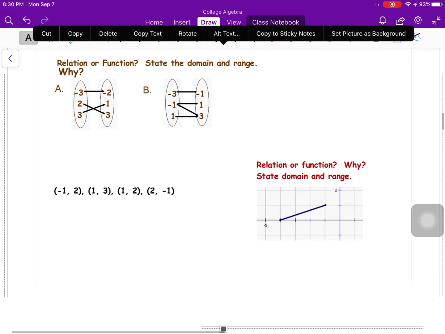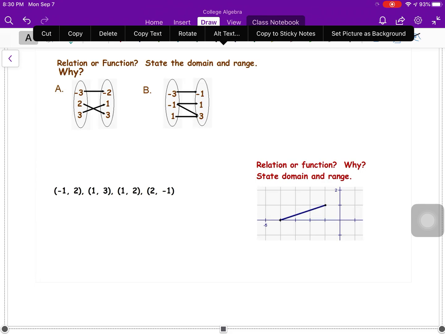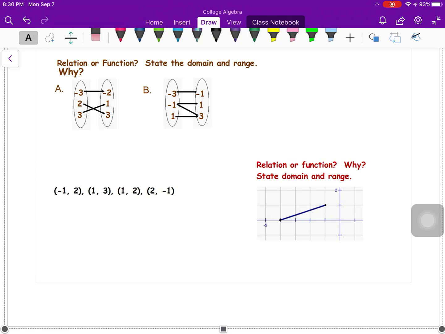From that, can you tell which of these are functions and which are not, and why? The directions say: is it a function or a relation? What is its domain and range, and how do you know it's a function or relation? Here A and B are both diagrammatic. They are mappings.